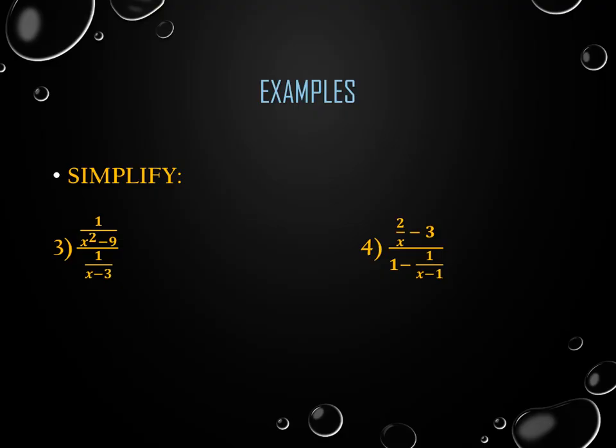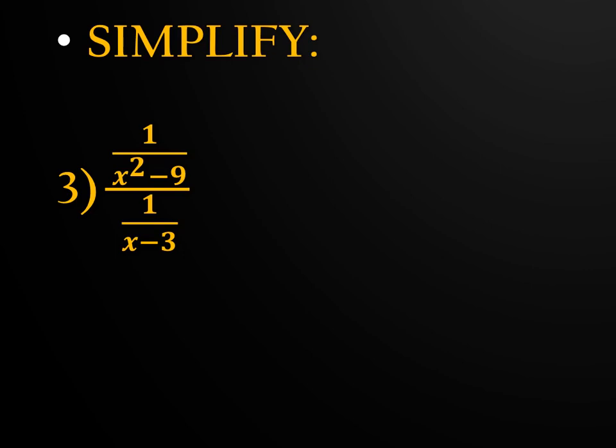For number 3, still the same thing, nothing to add or subtract. I'm just going to turn it into a division problem, flip it, and then factor and simplify. So here's my main fraction bar. 1 over x squared minus 9 divided by 1 over x minus 3. Stay, change, flip.